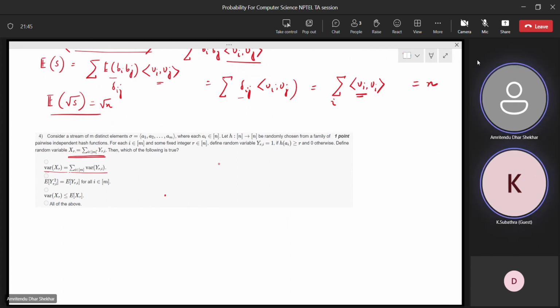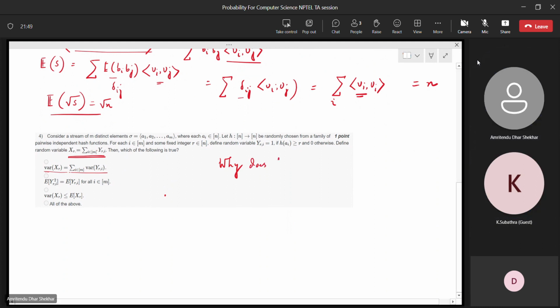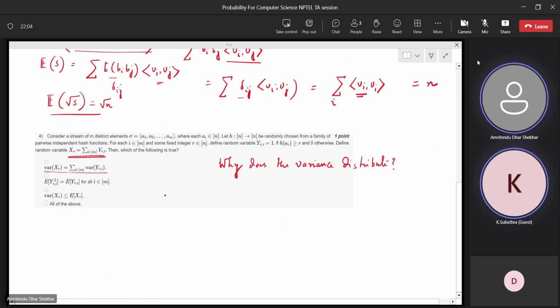Let me write it down. Why does the variance distribute? Actually, these are independent random variables. Correct. So there is no covariance, sir. Yes, that's the point.